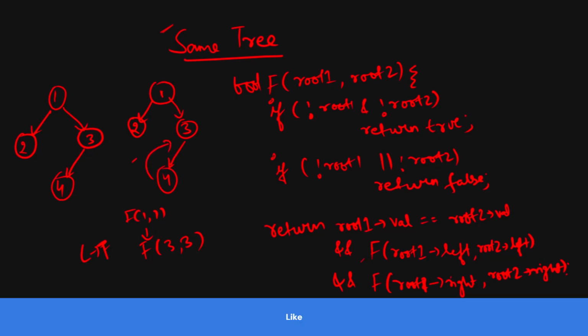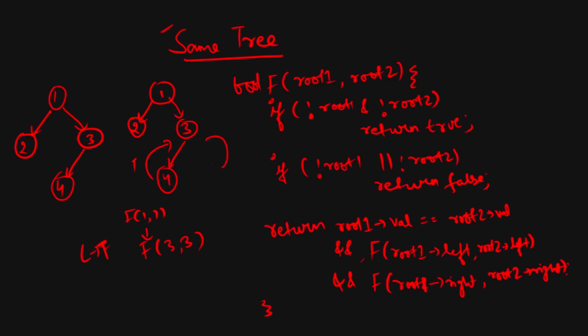And its right side is null in both, so they will also return true. This value is also same in both, so this will also be true. So this f33 will send true to this, so this will get true, and finally we get our answer as true. That is, both of these trees are same.